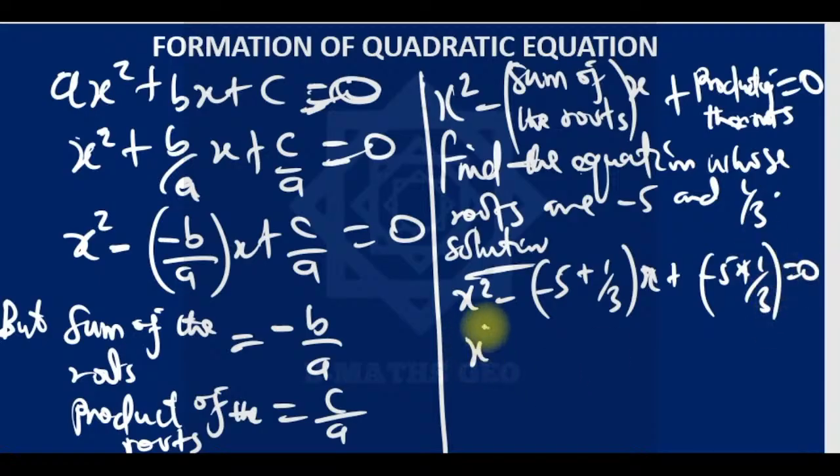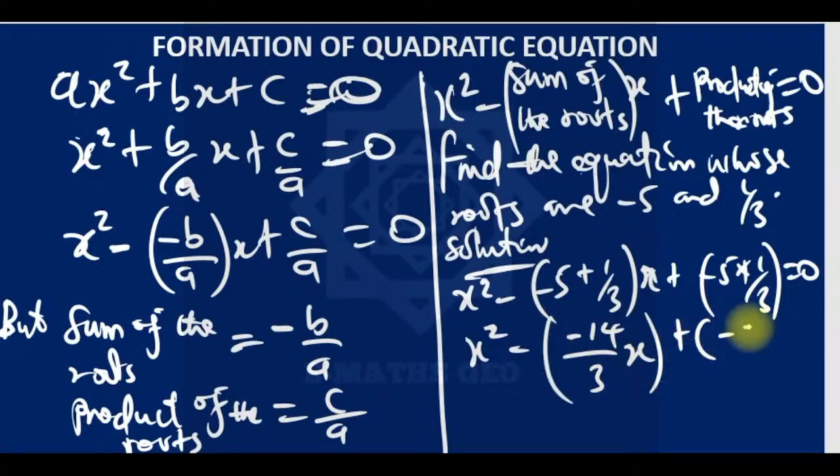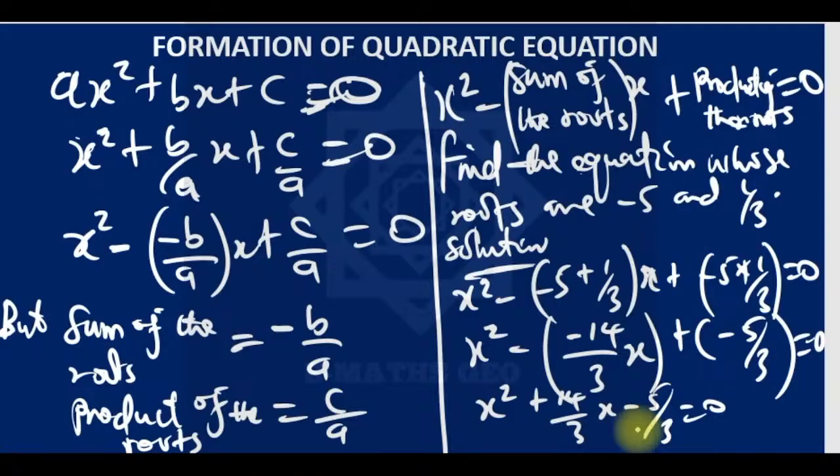So we have x squared minus, LCM 3, minus 15 plus 1 is minus 14, x plus minus 5 over 3 equal to 0. So we have x squared, LCM of the denominator, which is 3. If you decide to multiply by 3, we now have 3x squared plus 14x minus 5 equal to 0.